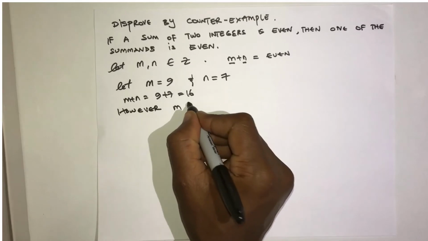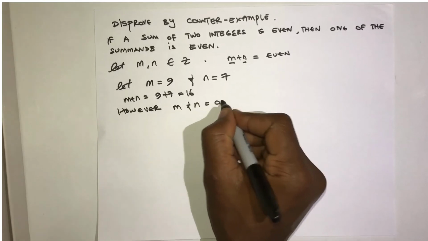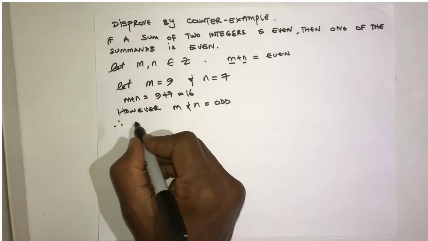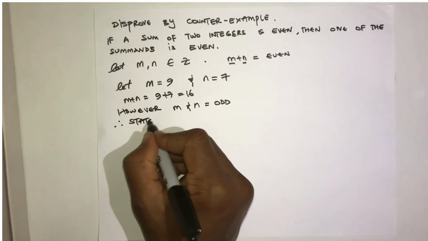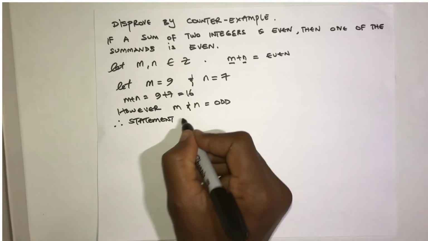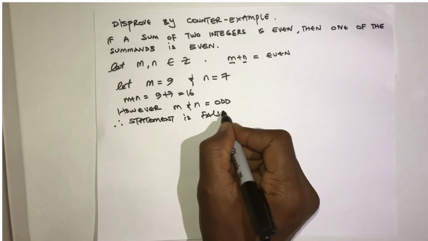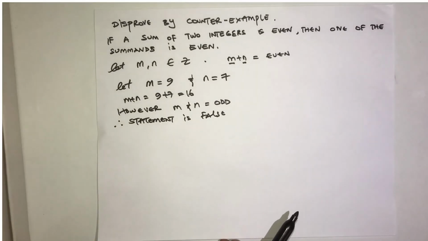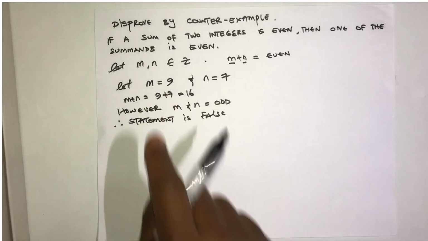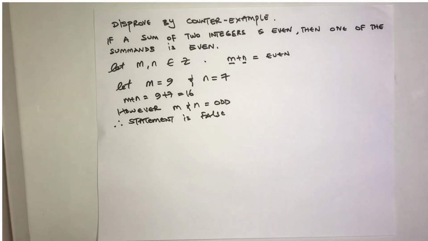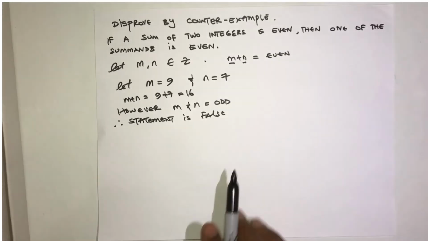However, m and n are odd. Therefore, the statement is false and not true. So this is a very simple way to disprove it. Just find one case or statement that disproves the entire proposition.